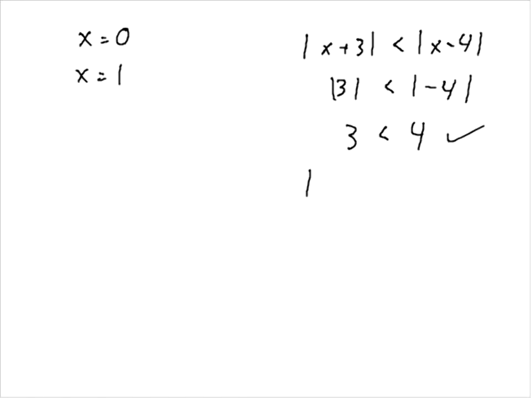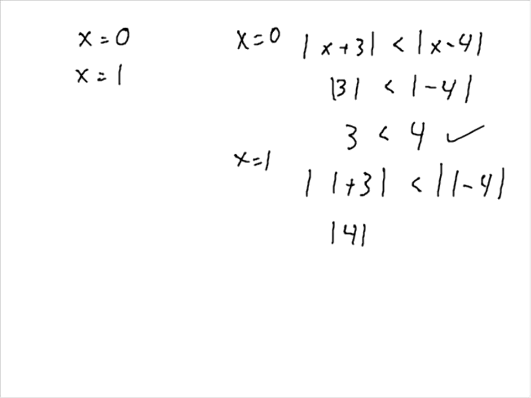Definitely is. Now let's check x equals 1. So we're going to have 1 plus 3. Is that less than the absolute value of 1 minus 4? Well, is 4 less than 3? Well, 4 is not less than 3, so that's a big no.